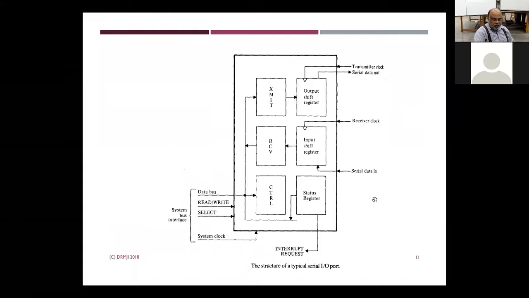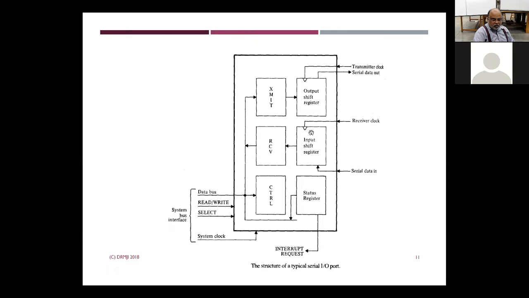So this is a very simple block diagram of the serial port. These are basically the two shift registers that we were talking about. One is a receiving shift register and the other is the transmitting shift register.